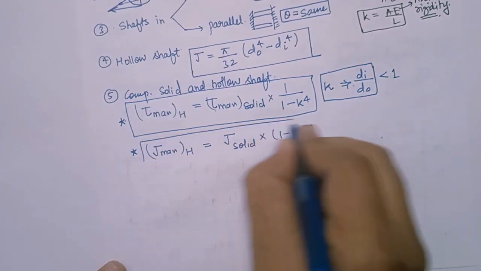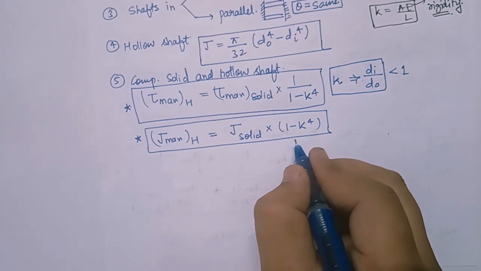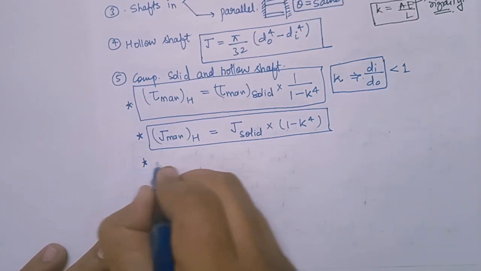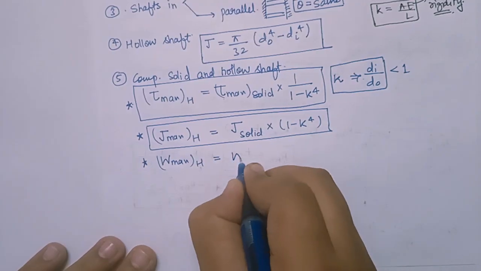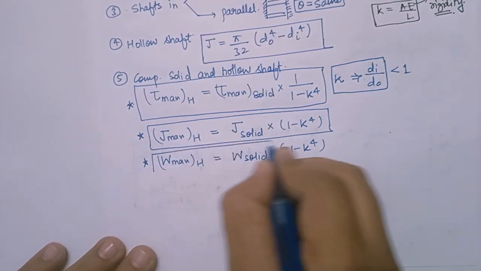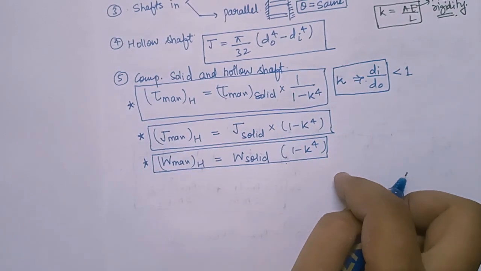There it was in division, and here it is in multiplication. So J solid into 1 minus K^4. And in a similar way, for J we get W, the section modulus of hollow: W solid into 1 minus K^4. So J and W formulas are the same. Tau is inversely proportional.